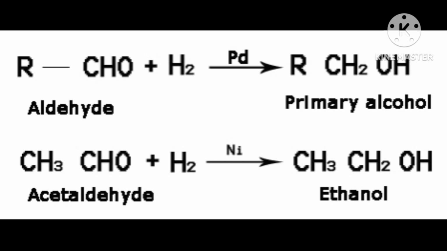Now preparation of alcohol can be done from carbonyl compounds. First I will discuss reduction of aldehyde and ketone. Here the C double bond O group is there; if H is introduced in the CO group, it will become OH.